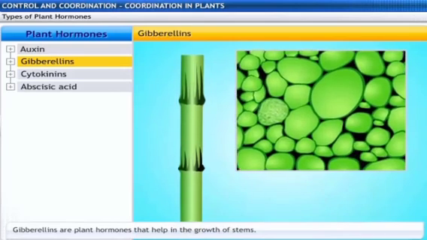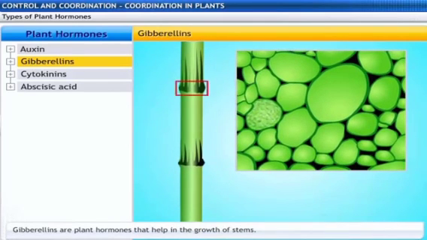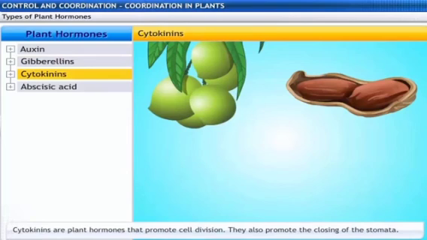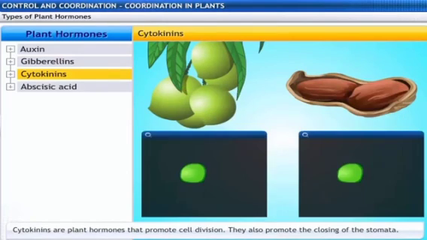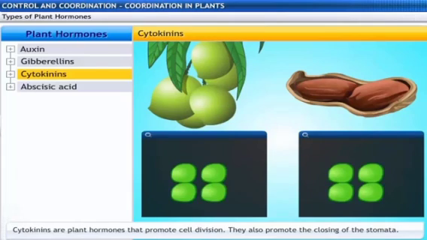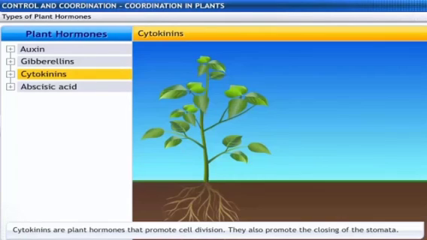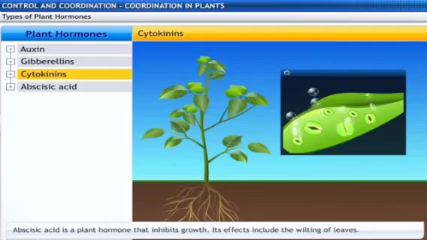They help in the elongation of internode and play a role in the growth of the plant along with auxins. Cytokinins promote cell division. They are present in large numbers in areas of rapid cell division, such as fruits and seeds. They also promote the opening of the stomata.